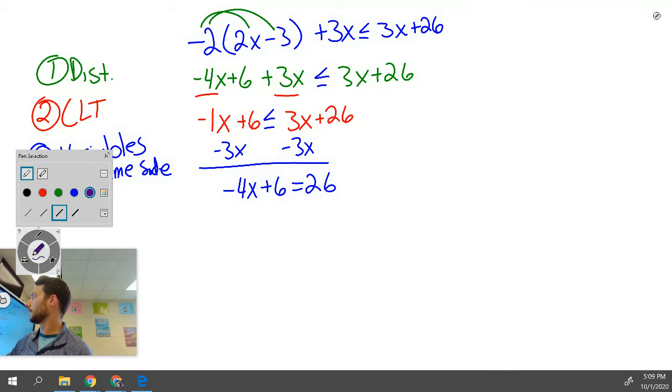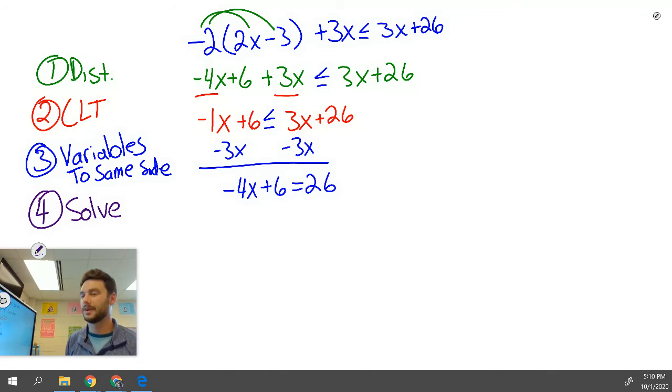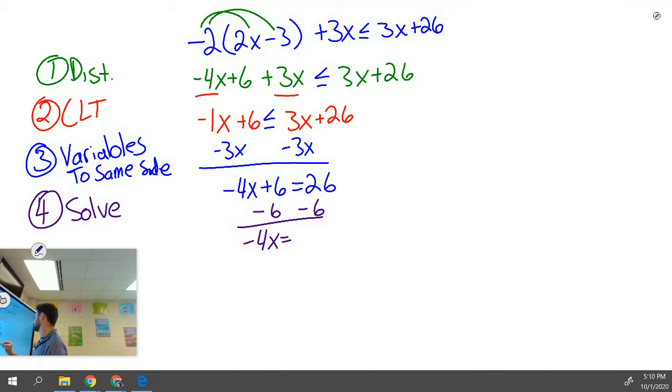And then in purple here, we will solve. Get x by itself, right? So we need to get rid of that 6 first. And we need to divide by negative 4.